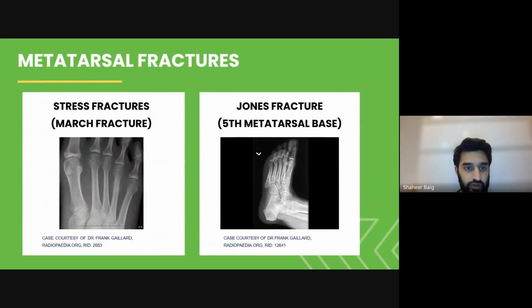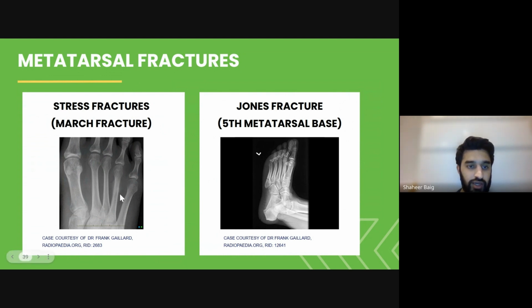Just kind of skipped past that, but looking at the metatarsals, we can quite commonly see stress fractures in runners and long distance runners, and marching band, or in the military, and they present with this type of stress fracture which we call a march fracture.